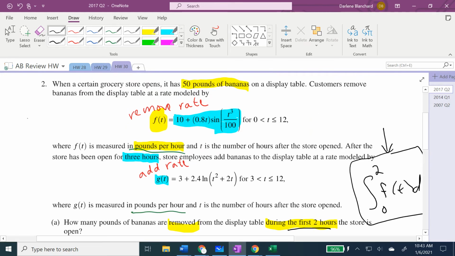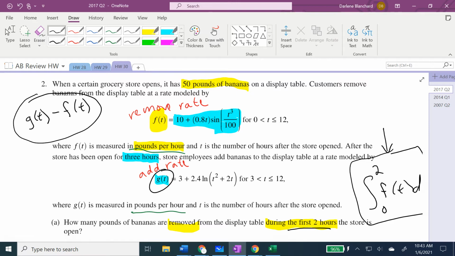And that's going to be the rate at which I'm adding on g of t minus the rate at which they're being removed, f of t. This is going to give me the total rate of change of pounds of bananas on the table with respect to hours.